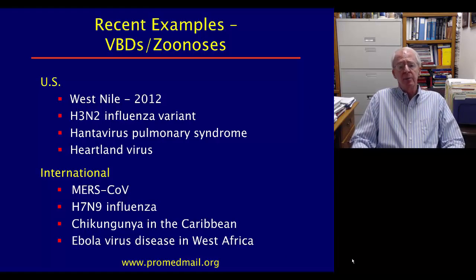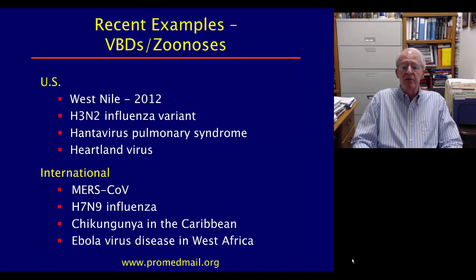Some recent examples involving vector-borne diseases and zoonoses. First, in the United States, West Nile virus, which was introduced into the U.S. in 1999, had a big epidemic year in 2012.